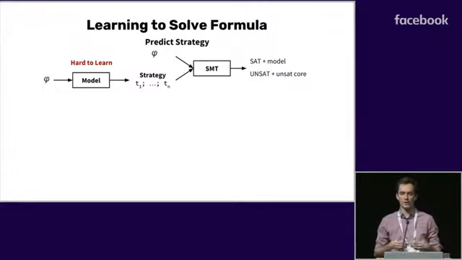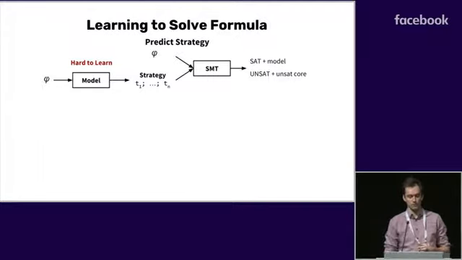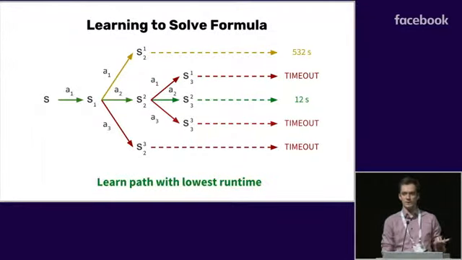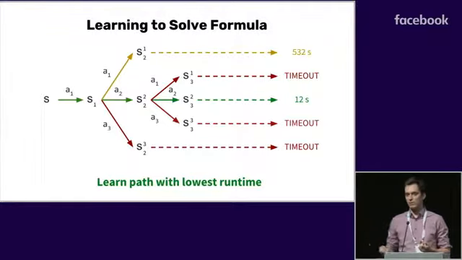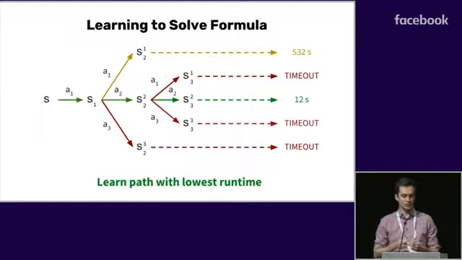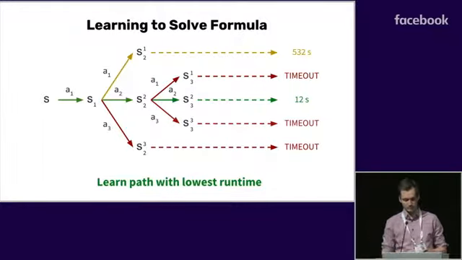One way we can do it in an elegant way is to phrase this as a reinforcement learning problem. If you look back at this slide, we can just replace the formulas with states, the transitions with actions, and the time it takes to solve the formula we can consider as a reward. The problem now becomes to learn a policy that has the lowest runtime by exploring this search problem.